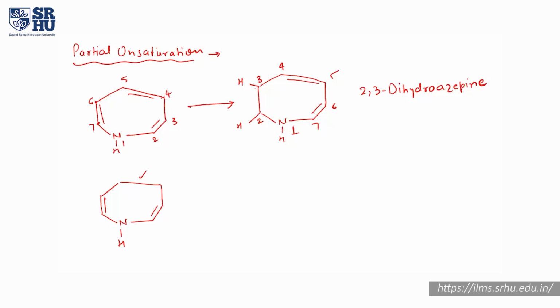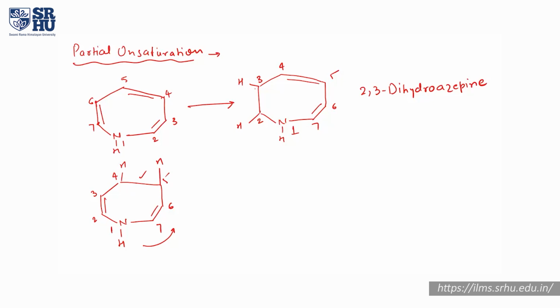So the name given to it will be 1, 2, 3, 4, 5, 6, 7, because if we move from this side 1, 2, 3, 4, 5, again this bond will get the 4, 5 position. So you have to remember that you have to give the lowest position to the saturation part. Now because one double bond is removed, it means there are 2 extra hydrogens.